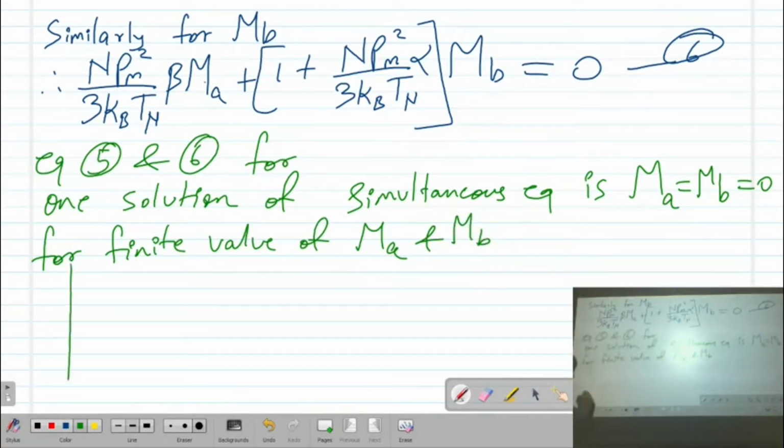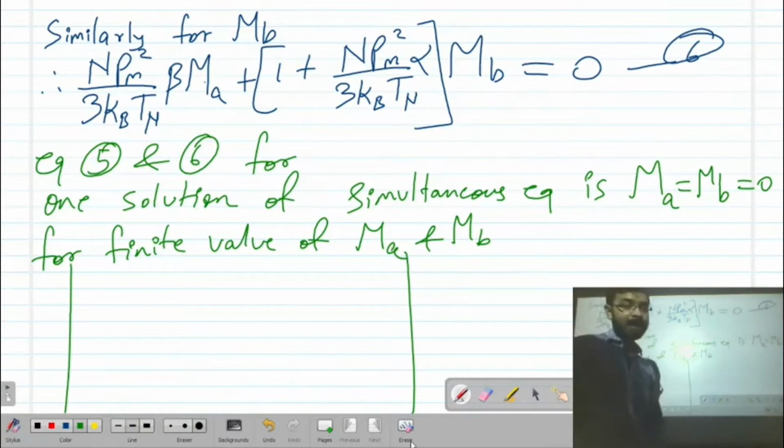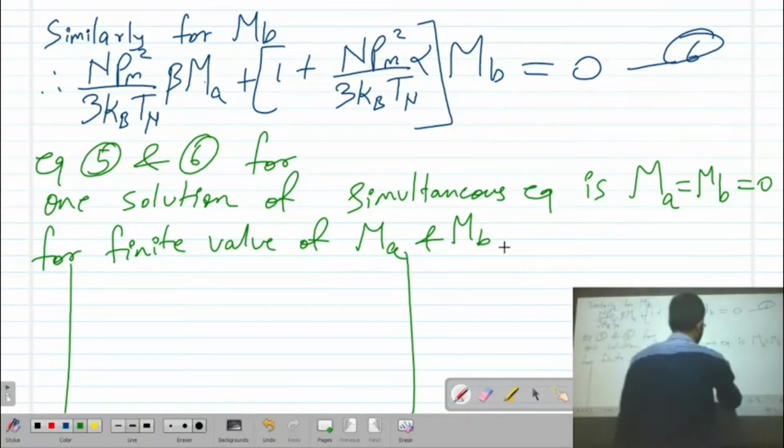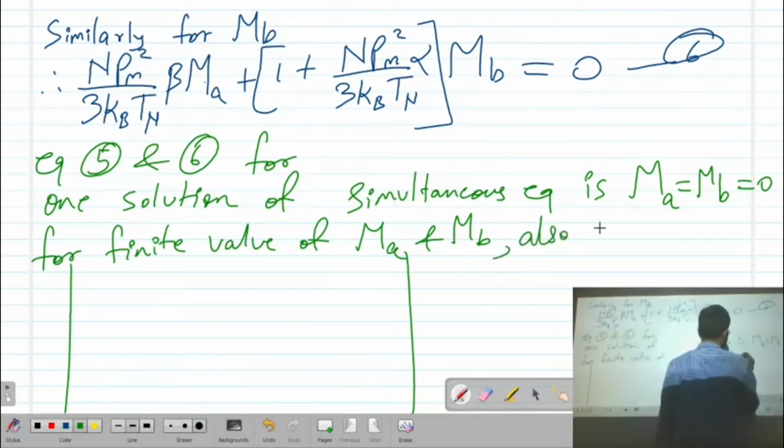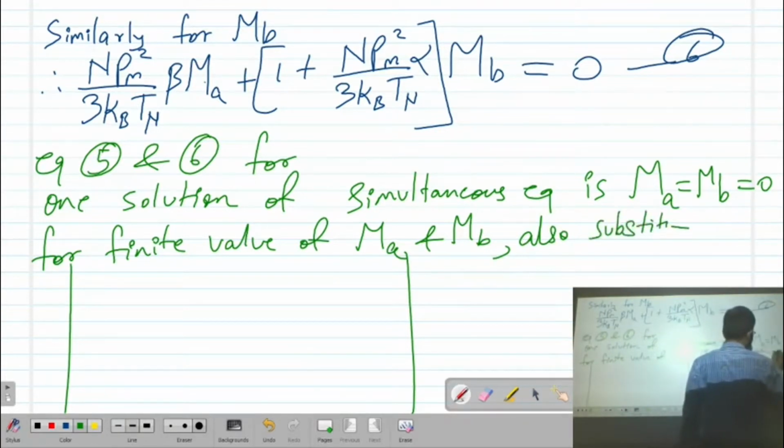That is in the form of two equations. We will have determinants, and also substitute C dash.